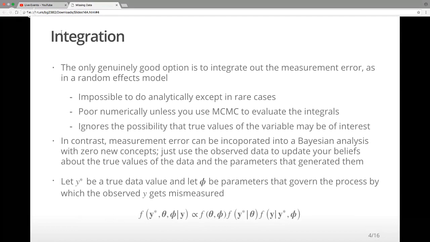Actually being able to do those integrals analytically is pretty much impossible, except in very rare cases involving Gaussians. You can attempt to do it numerically, but that is going to be numerically inaccurate, leading to not well understood effects on the sampling distribution of the estimator.